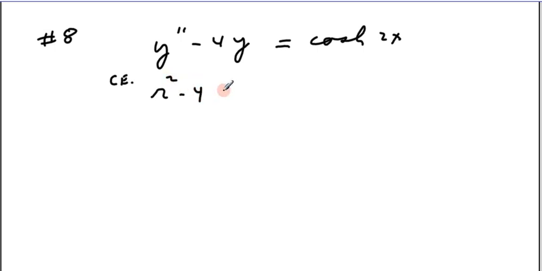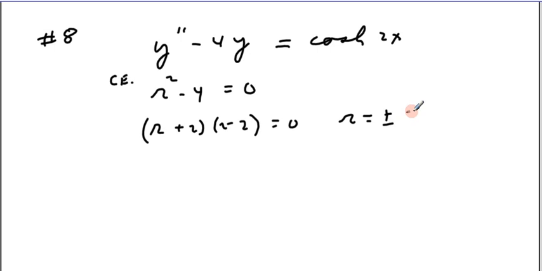y double prime minus 4y is equal to the hyperbolic cosine of 2x. All right, so we're going to look at the characteristic equation for the homogeneous equation, and I have r squared minus 4 is 0, and that factors, r plus 2 times r minus 2 is 0, so r is going to be plus or minus 2.